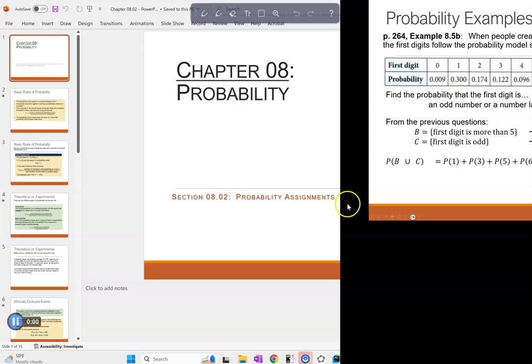So here we had to be careful because these two events were not mutually exclusive. They weren't disjoint. First digit is more than 5 and the first digit is odd. Well, 7 and 9 are included in both of those two events. So rather than just adding these two probabilities together, I had to do this separately. Is everybody okay with that?